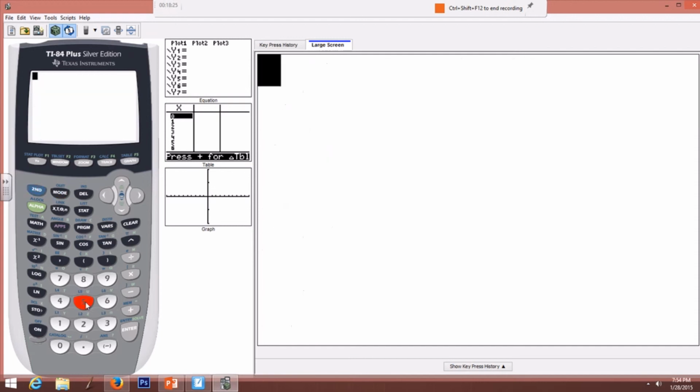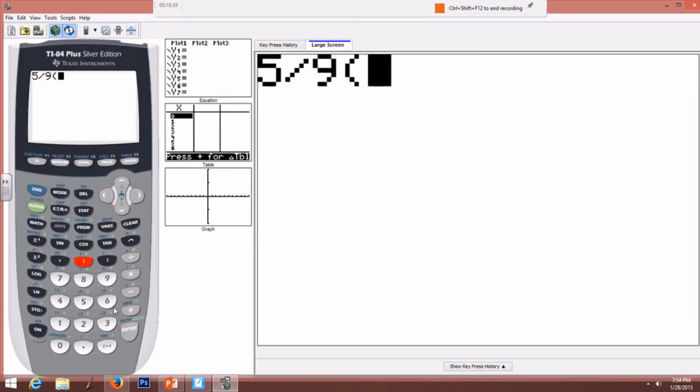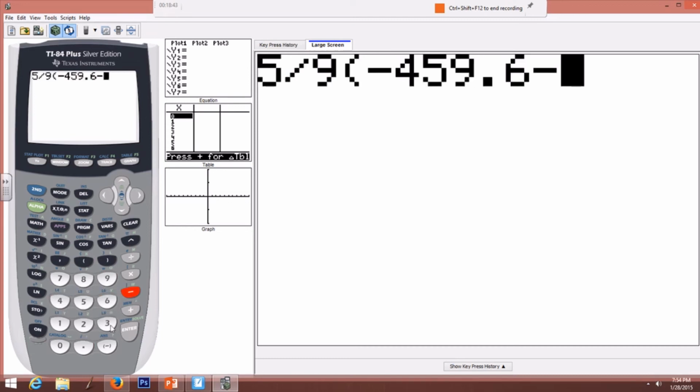It was 5/9 times the Fahrenheit, so negative 459.6 minus 32, and so I get that. Uh-oh, what did I have wrong here?